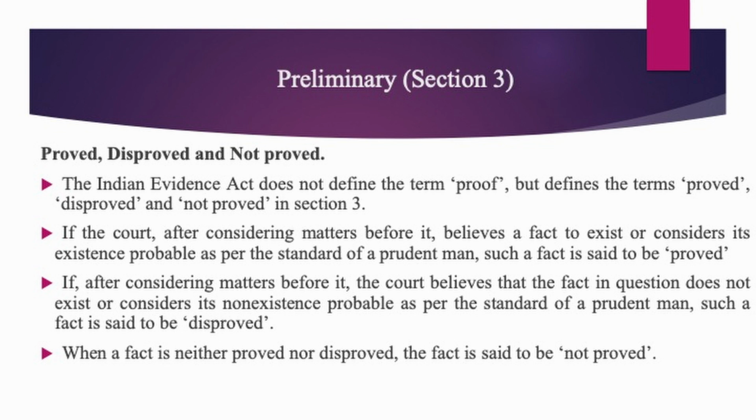Where a court finds that facts exist, the facts are said to be proved. If the court finds that they do not exist, they are said to be disproved. When the fact is neither proved nor disproved, it is said to be not proved. Thus, proof is a mental process by which one arrives at a conclusion that a fact exists or does not exist on the basis of evidence.